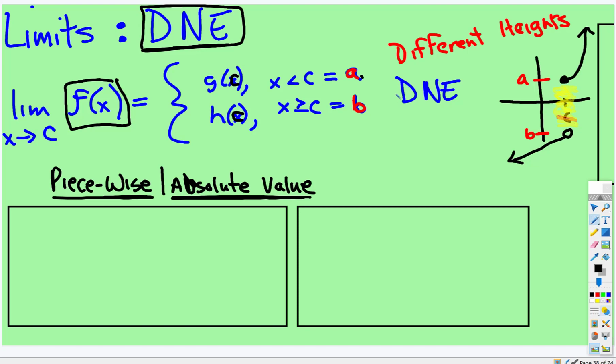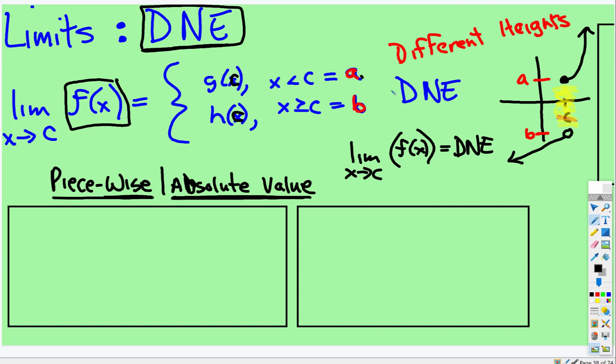Then all you have to say is the limit as x approaches c of f of x, because it has two pieces, and then you're going to write does not exist. That's all you have to do.